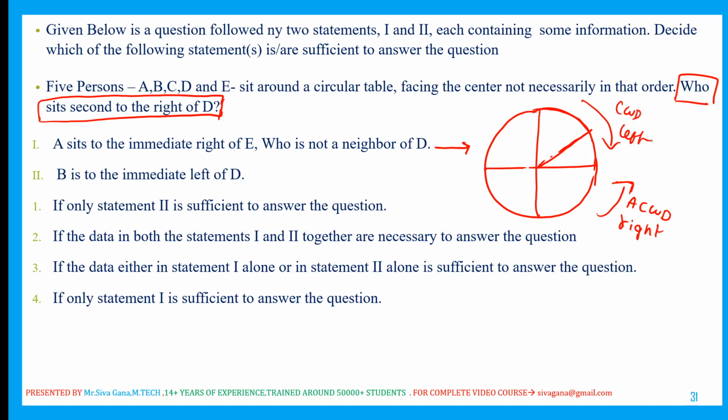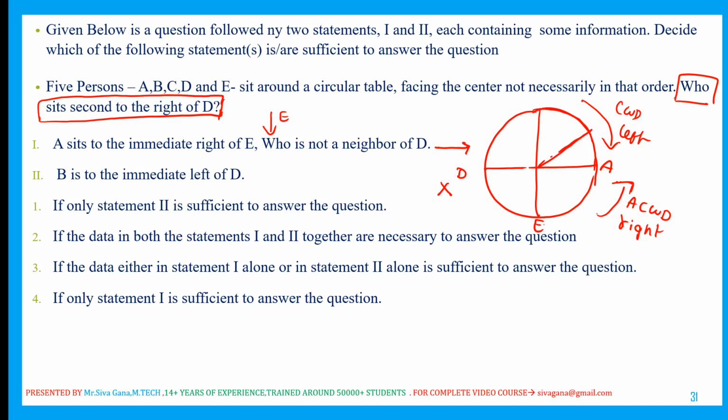So statement 1: A sits to the immediate right of E. E's right is A. E is not a neighbor of D, so D is not here. This is the statement 1 position.